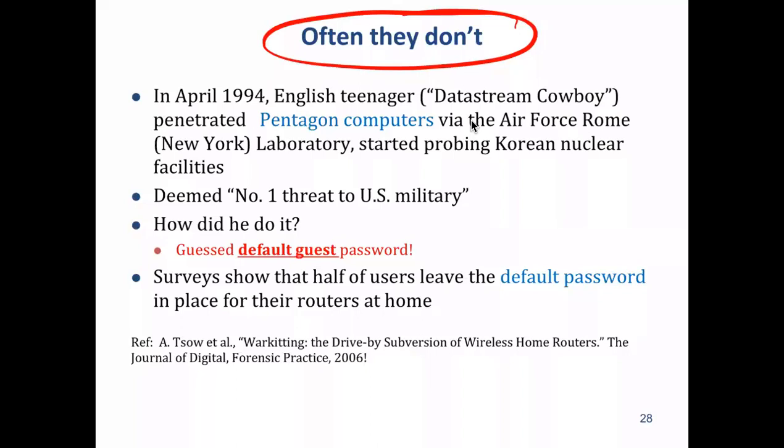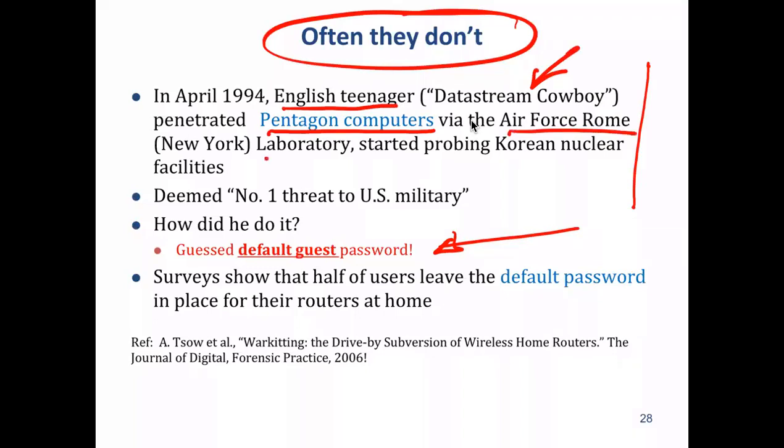Okay, so there has been this case, you read through it. What happens is that in this case, the default password was not changed. In 1994, an English teenager, whose ID was this one, penetrated Pentagon computers via the Air Force Rome Lab, right?